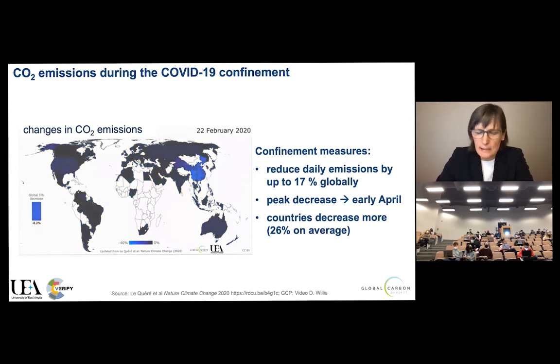So you do all this confinement, and the decrease in emissions was actually not as much as you would think, although in the countries that were under full lockdown, the emissions were cut about by a third. So it means that a lot of our emissions actually are operating in the background without that much economic activity associated with this.